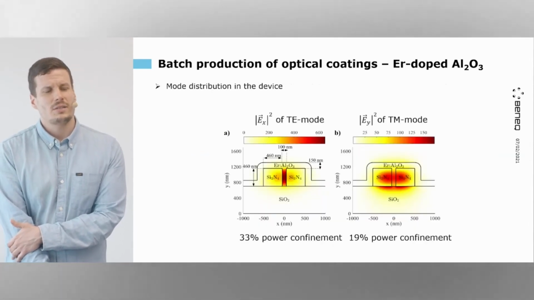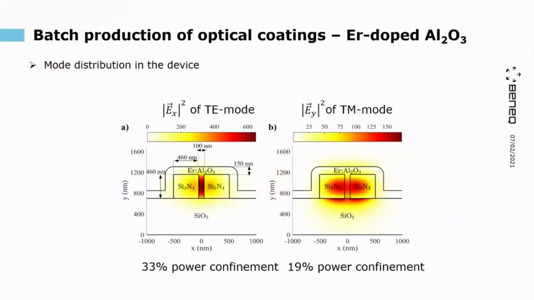So if we analyze, for example, how the light is now propagating in these kinds of structures, we can see that, for example, for the TE mode or the transverse electric mode, the light couples inside our laser medium. So most of the light is going there, so it can pump and then re-stimulate photons to amplify itself.